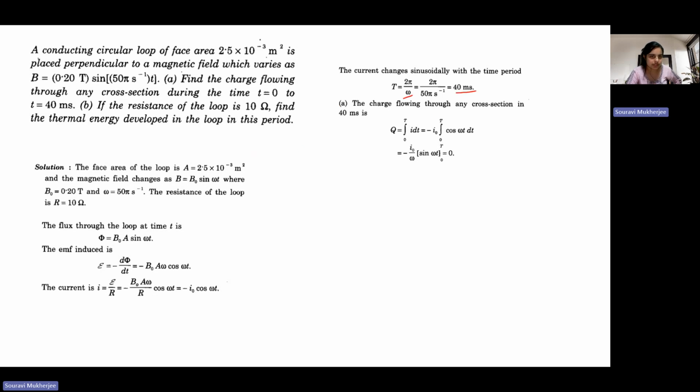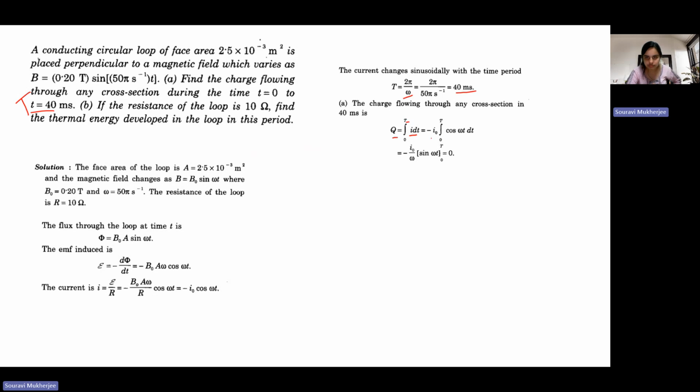Okay. So now the first part of the question says find the charge flowing through any cross section during the time t equal to 0 to 40 milliseconds. So this 40 millisecond is nothing but the time period. So basically you have to find the charge flowing through the loop in one time period. So if you know the current, the integral of I dt from 0 to capital T, the time period, will be your charge that is flowing in 40 milliseconds, right?